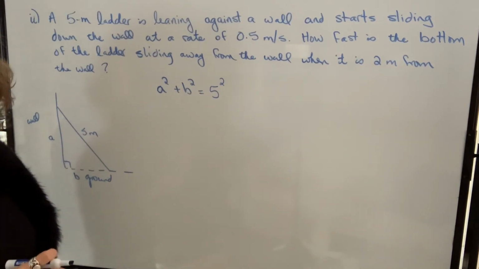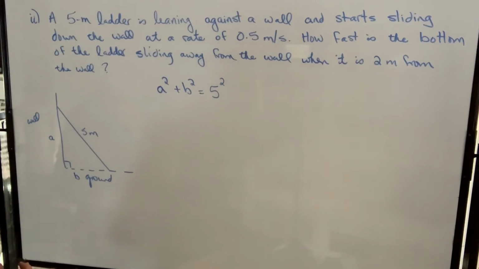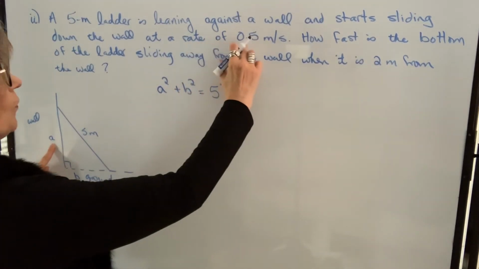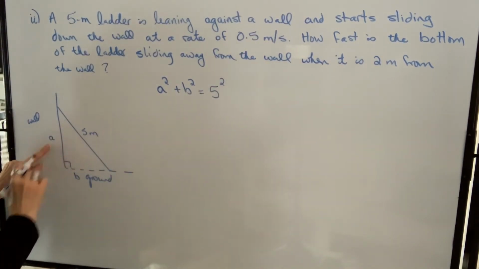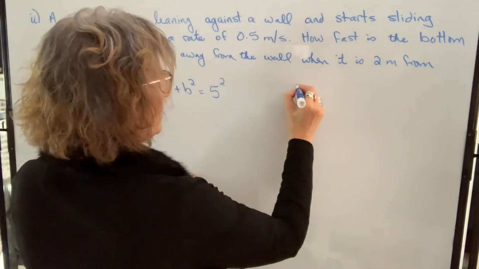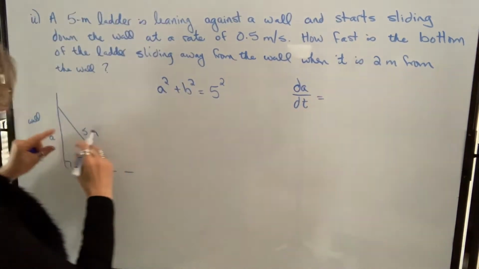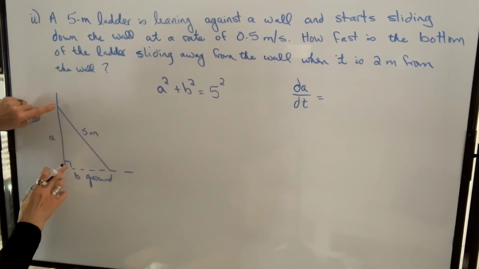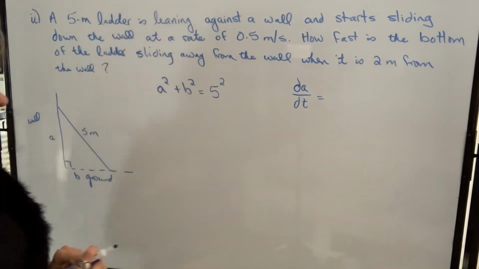Now let's determine what rate of change I need to find and what rate of change is given. So it tells me that it's sliding down the wall at this rate. So that means I know how A is changing. So dA/dt will be equal to... If the ladder is sliding down the wall, A is decreasing, and we indicate that with a negative.